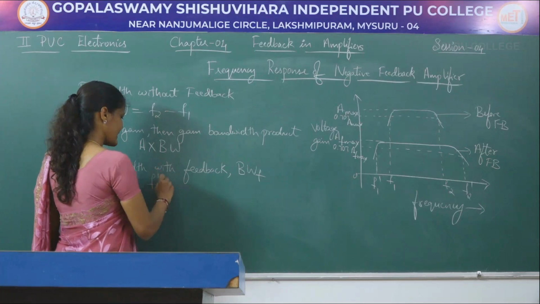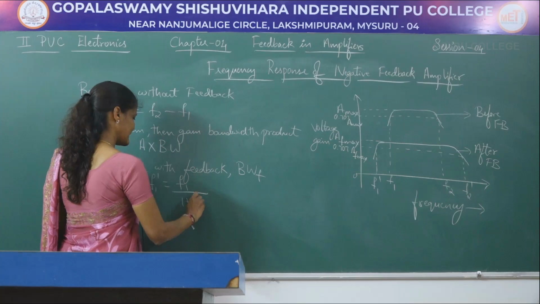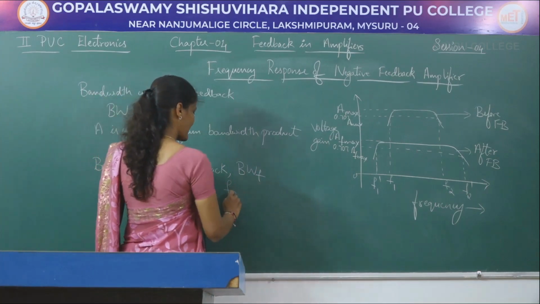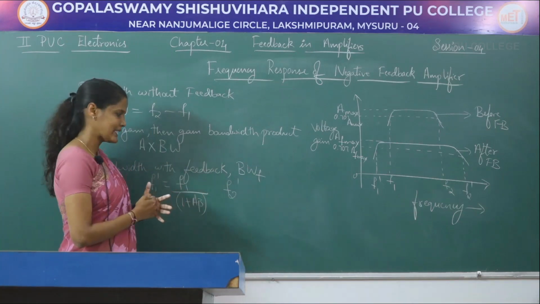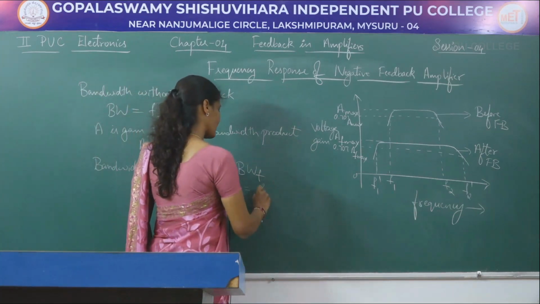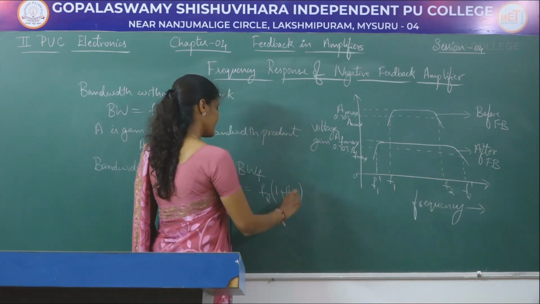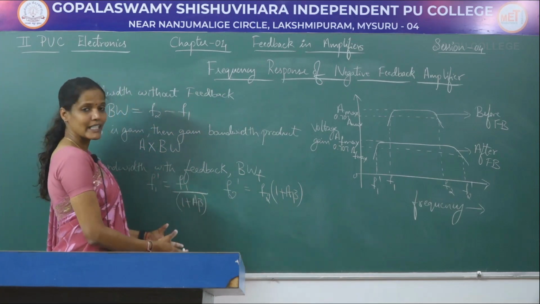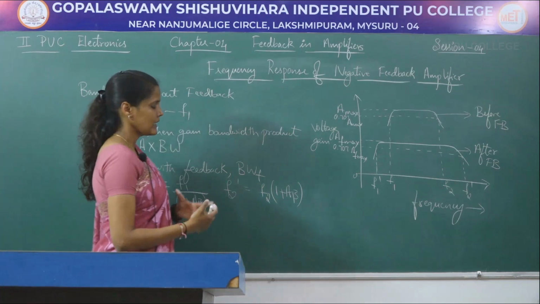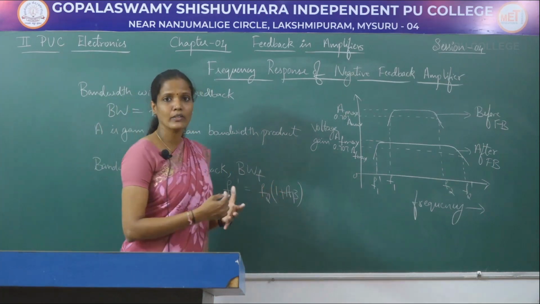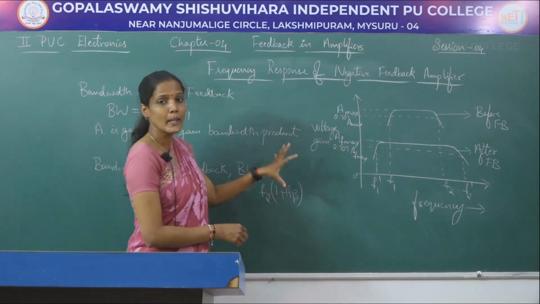That is, F1 dash will decrease, in the sense F1 divided by 1 plus A beta, whereas F2 dash, the upper cutoff frequency of the amplifier circuit when the feedback is considered, will increase by a factor of 1 plus A beta, in the sense F2 into 1 plus A beta. Whenever we say that it will decrease, that term must be written in the denominator. Whenever we say that the bandwidth or the frequency will increase by a factor of 1 plus A beta, that term will be multiplied.